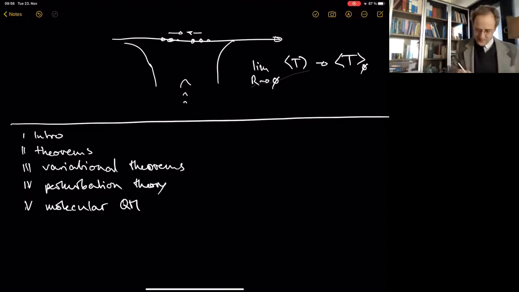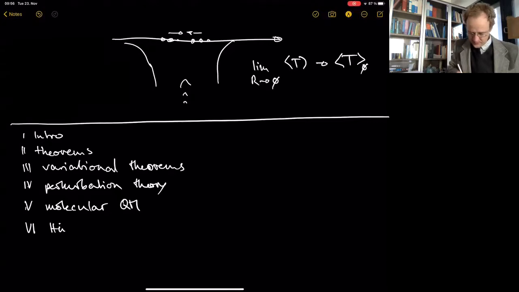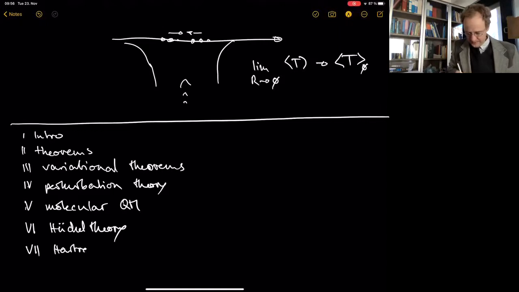And in particular, we'd like to discuss as a next chapter, so next week, we will discuss Hückel theory, and I'm optimistic that we will also be able to discuss Hartree-Fock afterwards, as well as density functional theory.